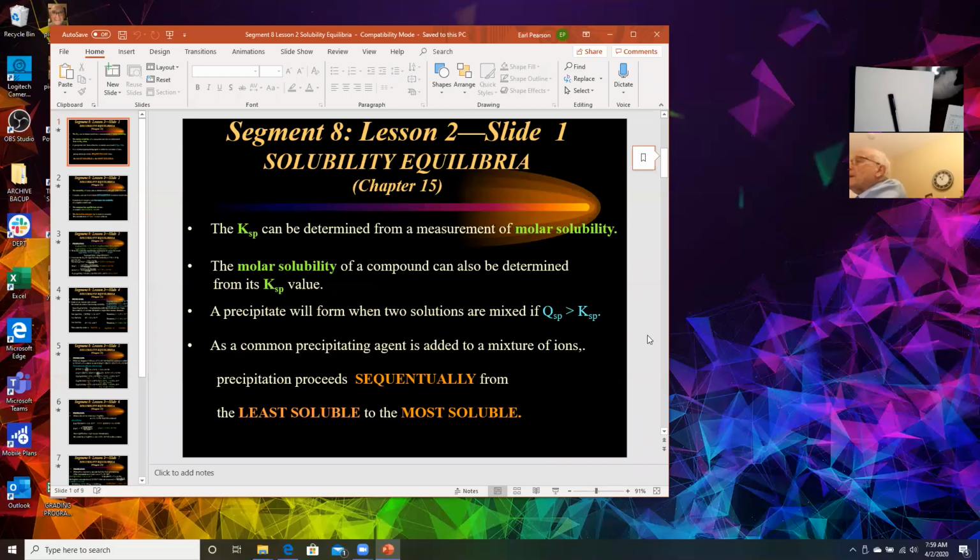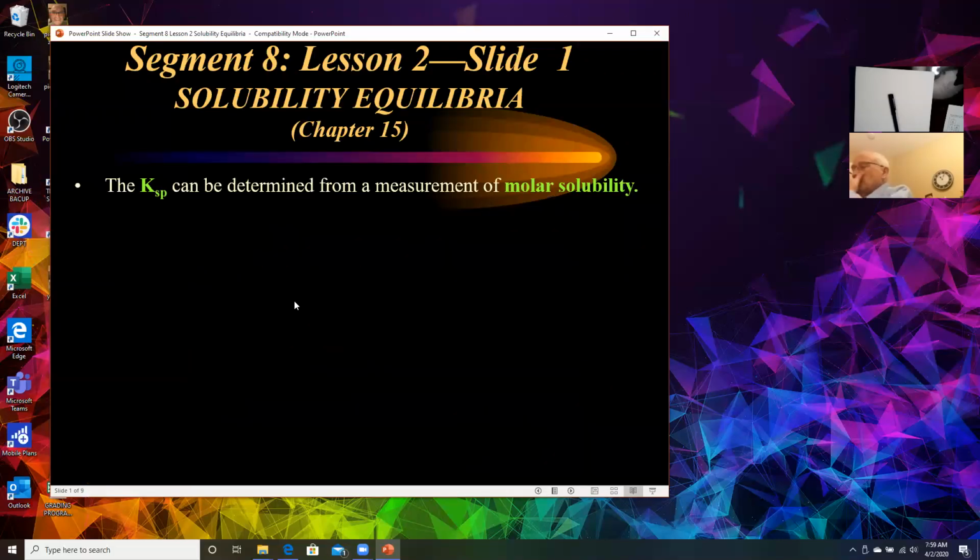Now, the rest of the lecture deals with solubility equilibria of things that we have normally talked about as being, quote, insoluble compounds, but they are not. Let's take an example.